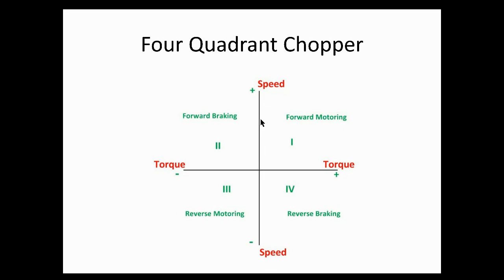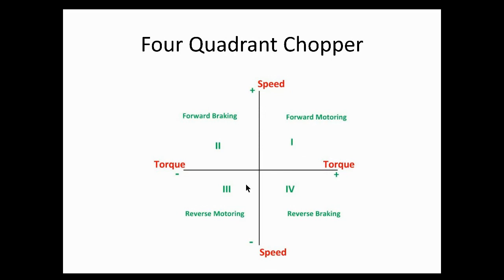and also for braking. So if we look at this diagram, we have different quadrants, quadrant 1, 2, 3, and 4. If we operate the motor in the first quadrant where we have a positive speed and apply a positive torque, that's when we have forward motoring.